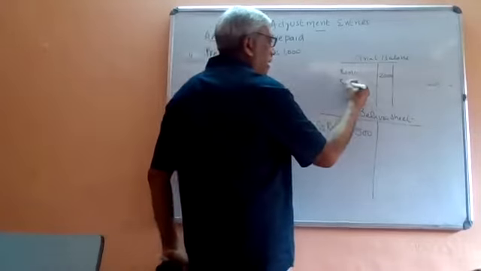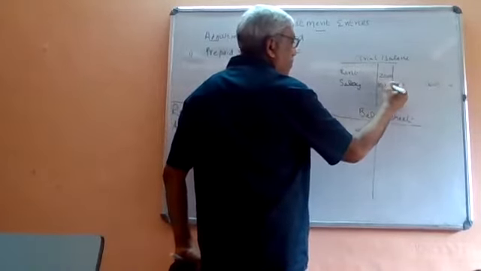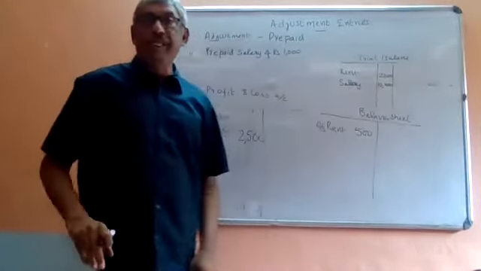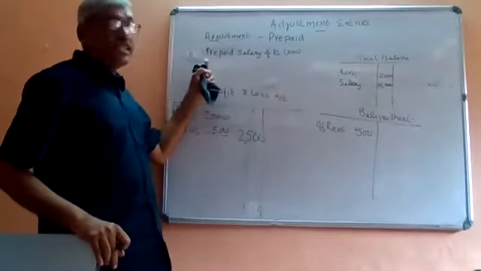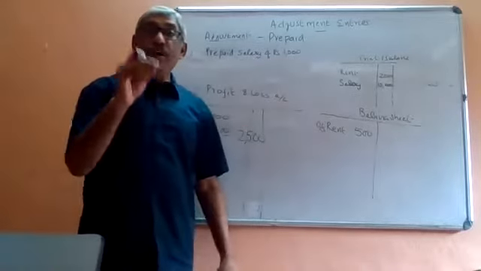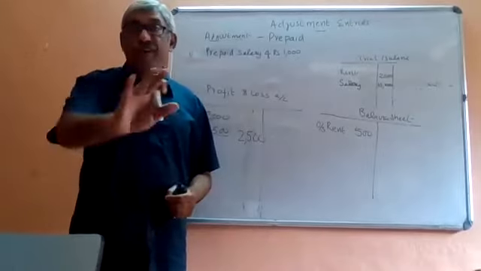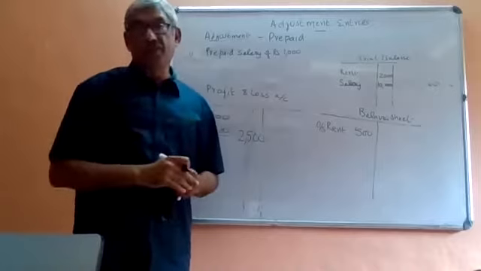Suppose in the trial balance there is a salary of 10,000 rupees. So already we have written there is a salary of rupees 10,000. But in adjustment, the question says there is a prepaid salary of rupees 1,000. That means 1,000 rupees we have paid in advance, and that 1,000 should not come in this year because that is next year's expense.